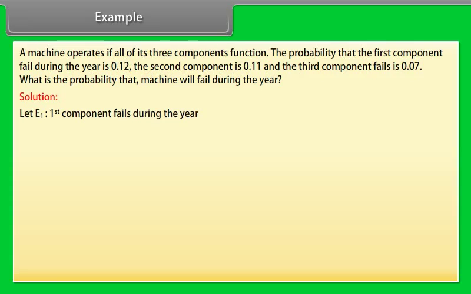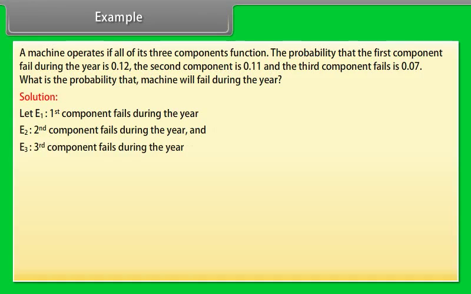Let E1, first component fails during the year, E2, second component fails during the year, and E3, third component fails during the year. P of E1 is equal to 0.12, P of E2 is equal to 0.11, and P of E3 is equal to 0.07.